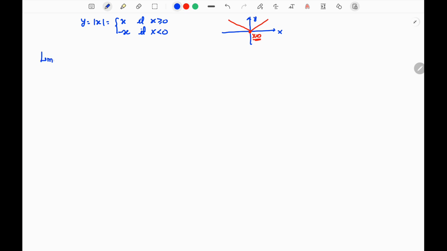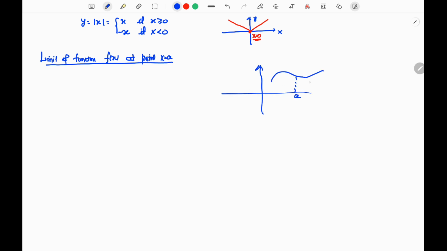So the limit of a function, say f(x), at the point, say x equal to a. Suppose this is some graph and this is the point a. This function is f(x), and one of the points which is just before this a is a minus h where h tends to 0, and on the right side there is another point which is say a plus h where h is tending to 0.